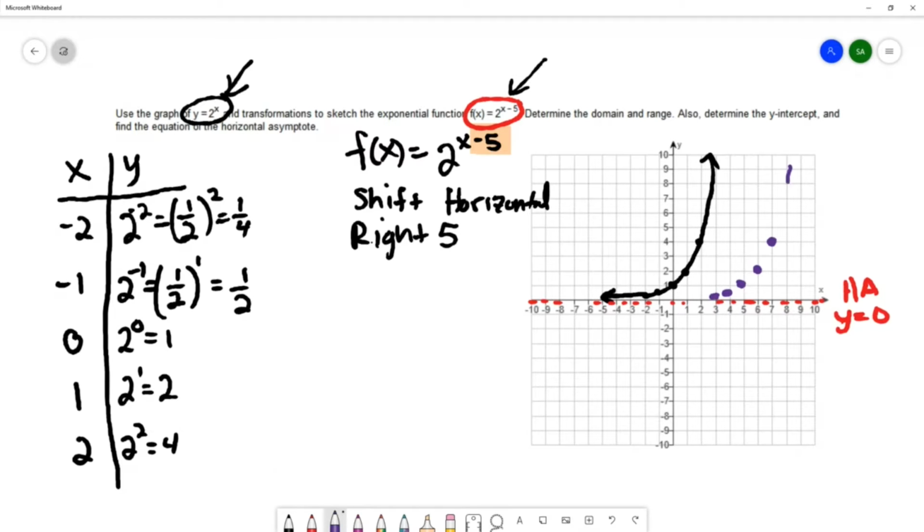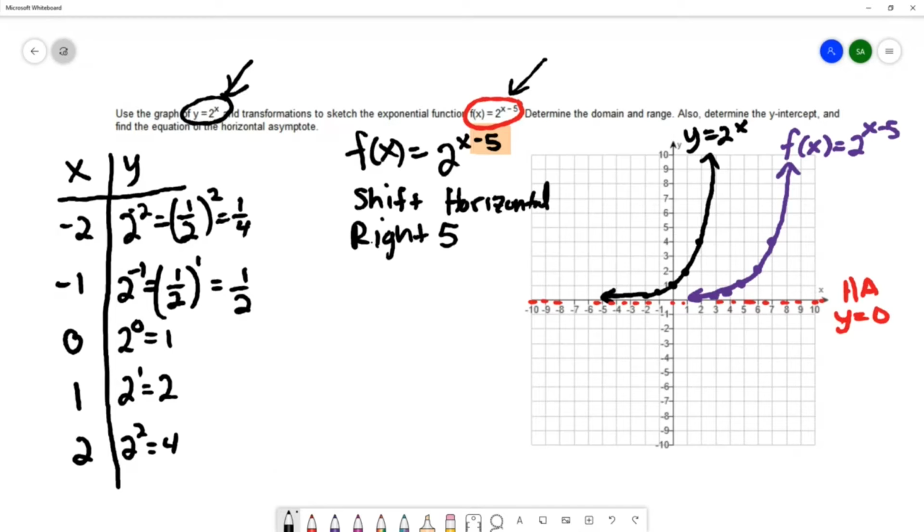So this graph that has been shifted to the right 5 units is right here. f of x equals 2 to the x minus 5. And as I said before, the graph in black is y equals 2 to the x. And one of the things that you may need is those ordered pairs.